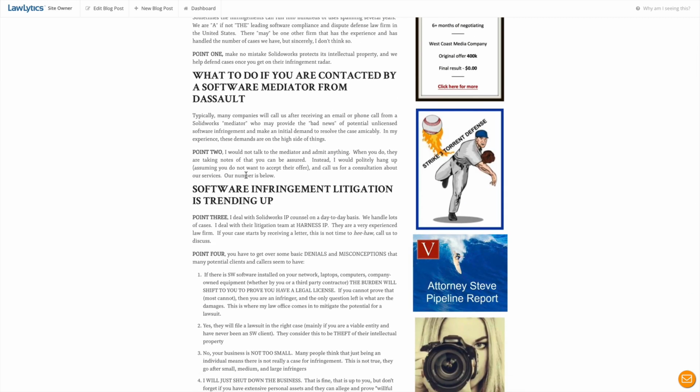Point 2, they have a mediator that will contact you. Not always. Sometimes it'll start with a mediator. Sometimes it will start with a letter, what I would call the love letter. This is not so friendly, suggesting infringement and things like that. And so if you get this, first thing I always tell people, hang up the phone. Don't talk to people. What are you going to do? You're going to admit everything you did wrong. You're going to say why you were doing it. Oh, you thought it was innocent.